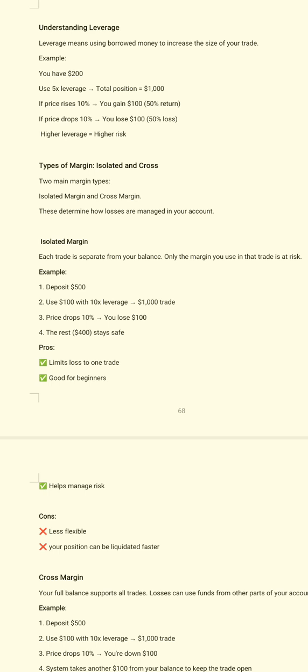When you multiply 100 by 10, it's going to give you $1,000. So you are trading with $1,000 now. You still have an extra $400 aside. Can you see that?